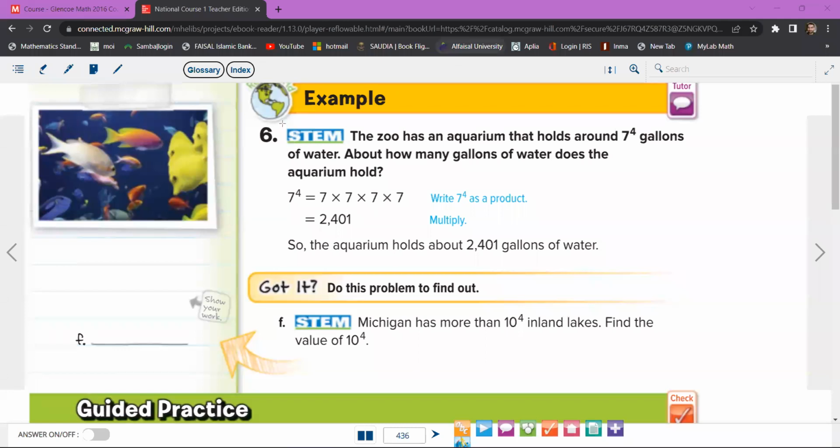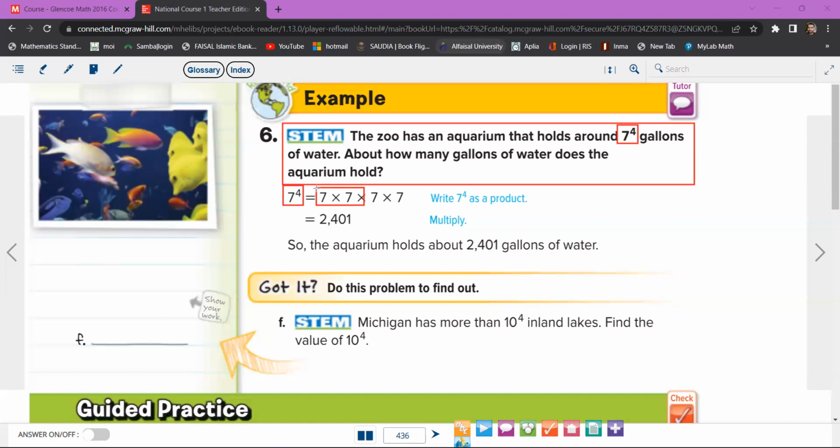Example 6. The zoo has an aquarium that holds around 7 to the power of 4 gallons of water. About how many gallons of water does the aquarium hold? So we need you to evaluate 7 to the power of 4. First, we expand. 7 to the power of 4 means 7 times 7 times 7 times 7, 7 multiplied by itself 4 times.